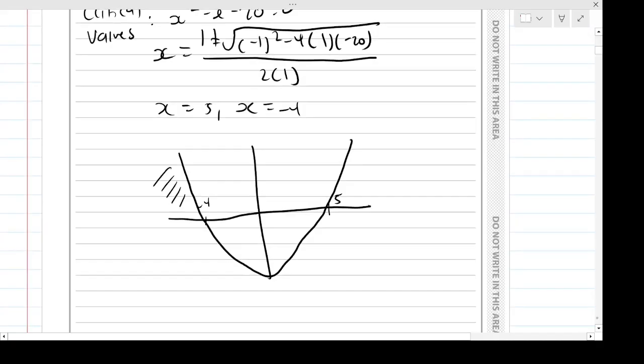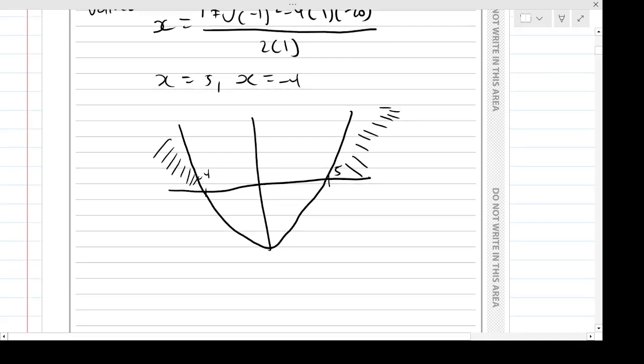So it's going to be the region above the axis, these two regions here, when the graph is on top of the axis. Firstly this region here is when x is less than minus 4. Or the other region, x is greater than 5.